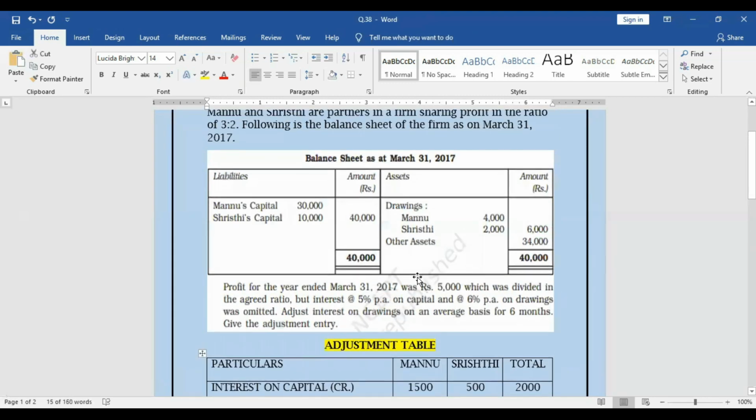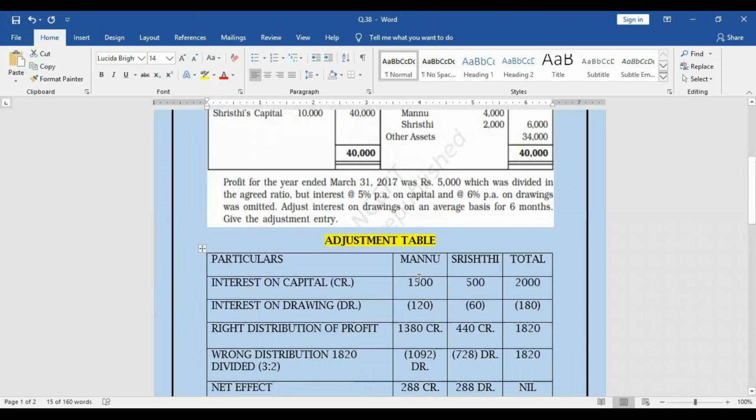Once again, in this question there are two items, interest on capital and interest on drawings, omitted. Without those, the profit was distributed, so that distribution was wrong. Because of that, one partner's capital may be credited excessively and another partner's capital debited more, so it affected the capital accounts of the partners.